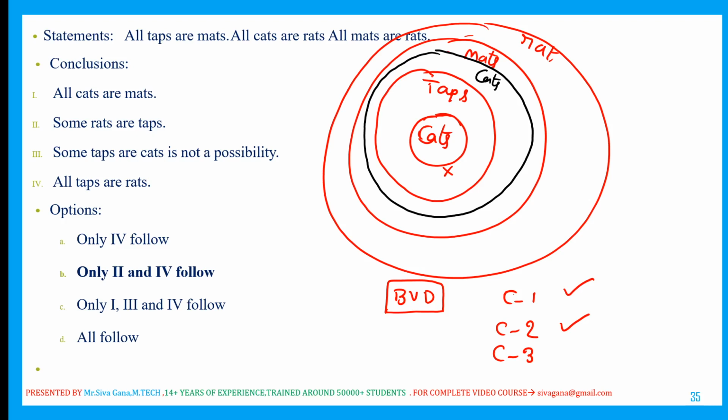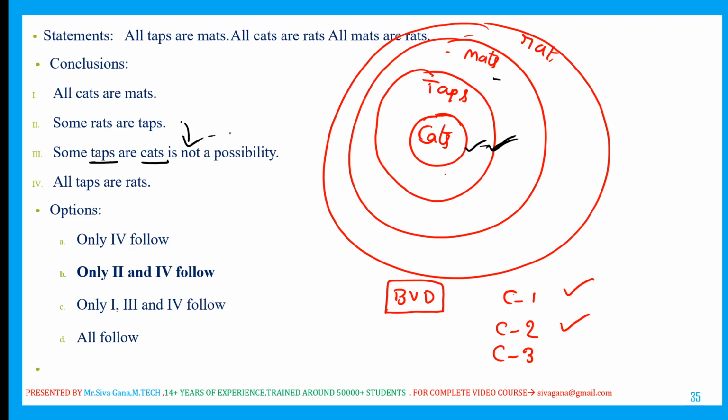The basic Venn diagram itself is showing that some taps are cats is a possibility, but it says it is not a possibility. So this is false. So 1, 2, 3 follow is the wrong answer.